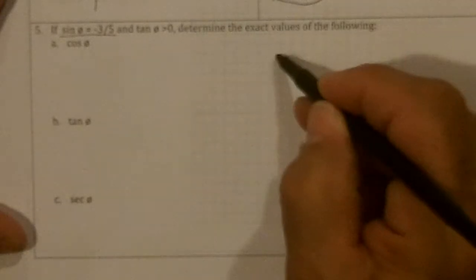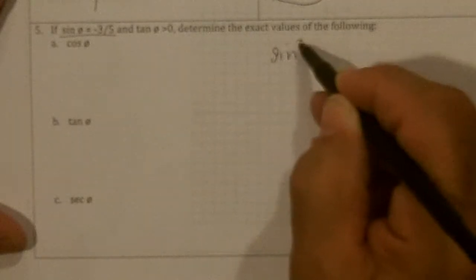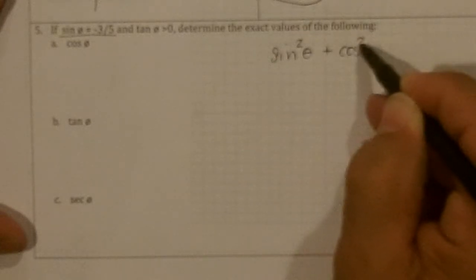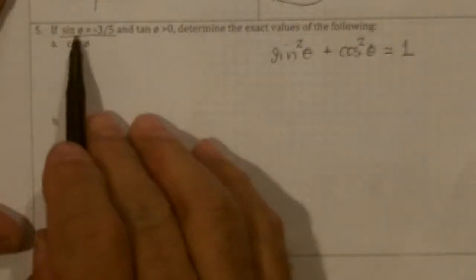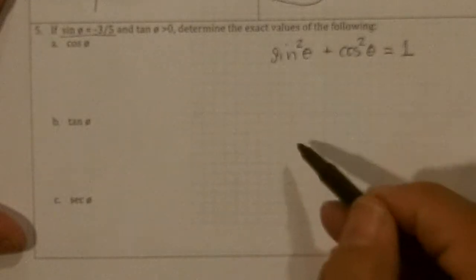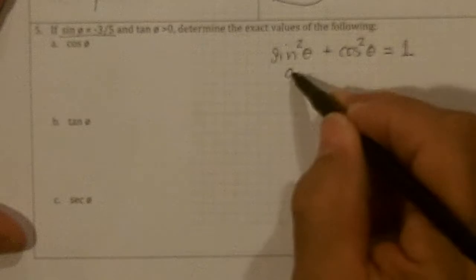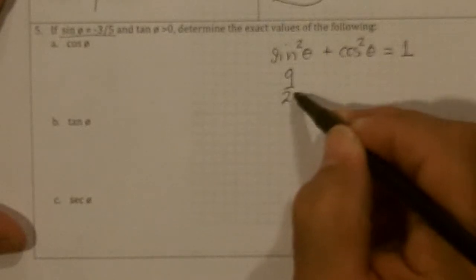Five. Many of you said, okay, I know from the video or from what we learned that sine squared of the angle plus the cosine squared of the angle has to be 1. And you said negative 3/5 squared. Some of you said negative 3/5 times negative 3/5 is 9/25.